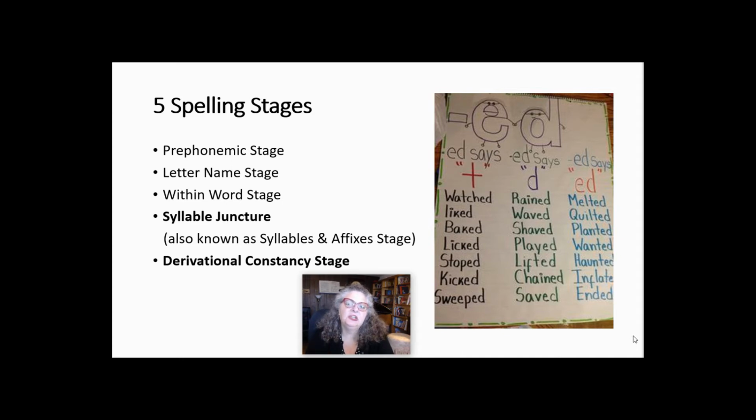But it's not just about sound. So for example, on this anchor chart, we teach kids in the syllable juncture stage this thing called inflected endings, and we'll get to that in a minute. ED is an inflected ending that when you put it at the end of words indicates that that word happened yesterday. So we have watched, and we have rained, and we have melted.